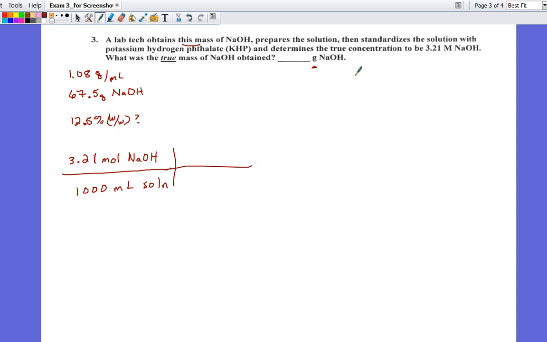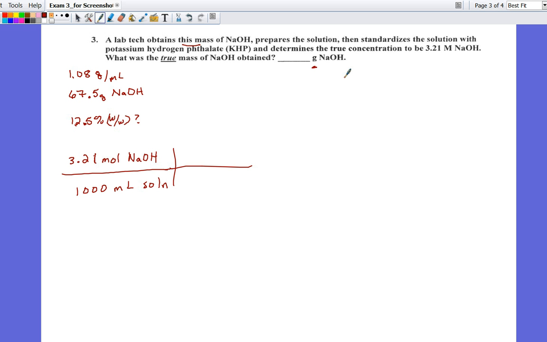Sodium is 22.9898, I believe. Oxygen is 15.9994.